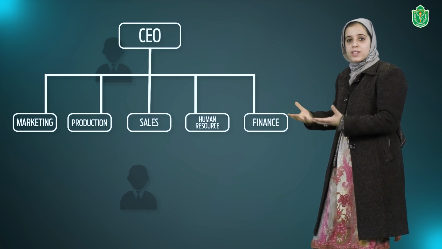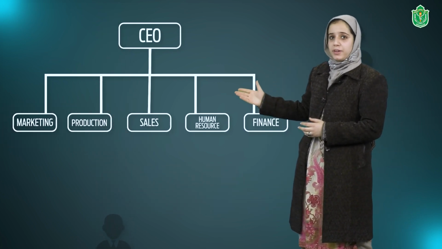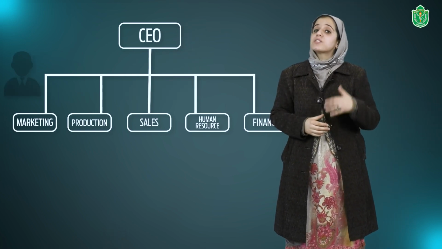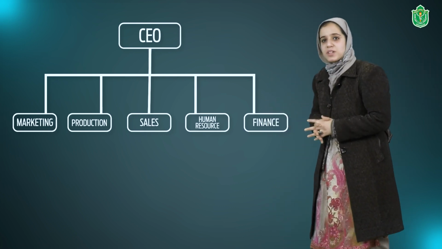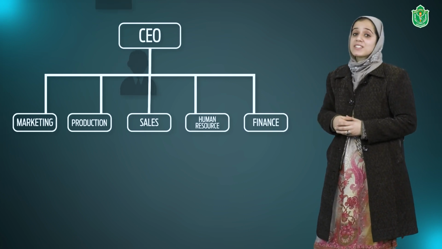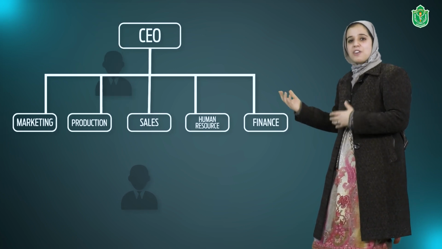He controls and supervises the activities of each department. And each department specializes in its own particular task. For example, the purchasing department is specialized in purchasing activities, the sales department is specialized in sales activities, and in the same way, the finance department is specialized in financial activities.